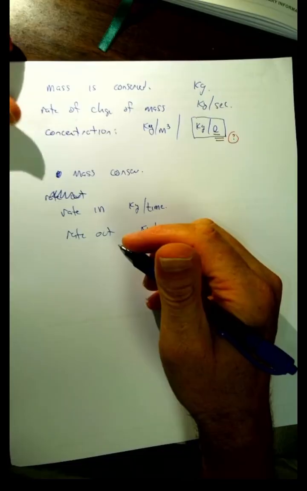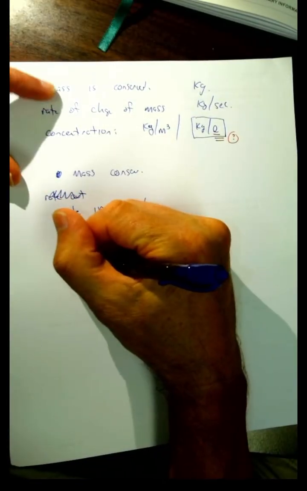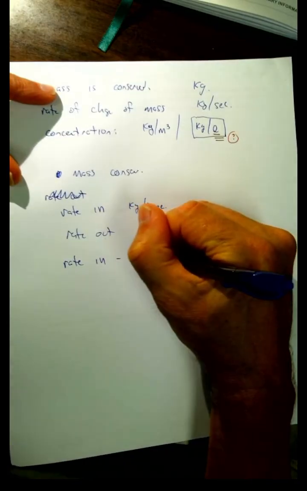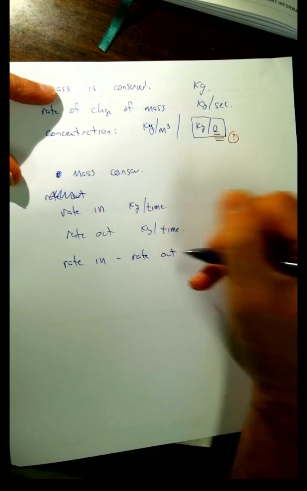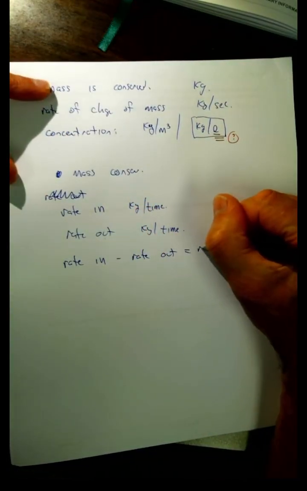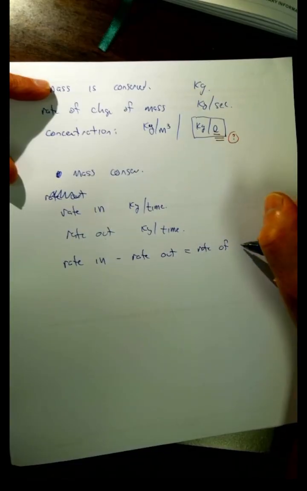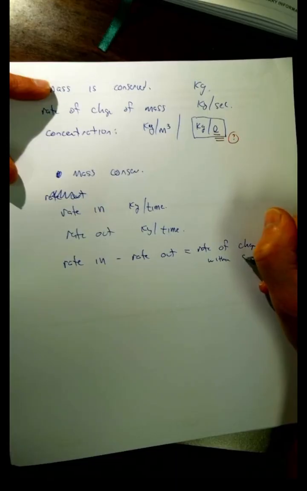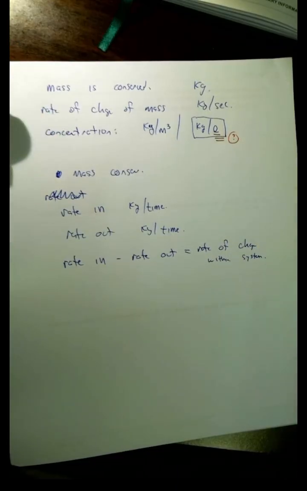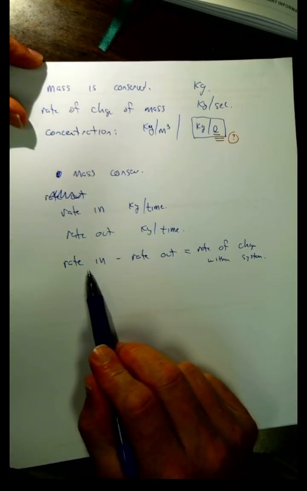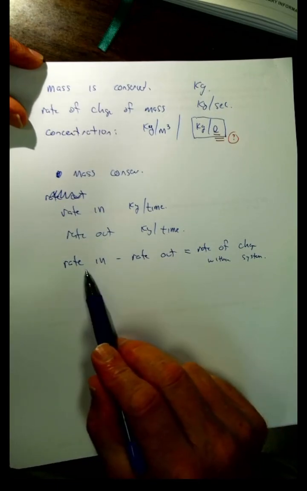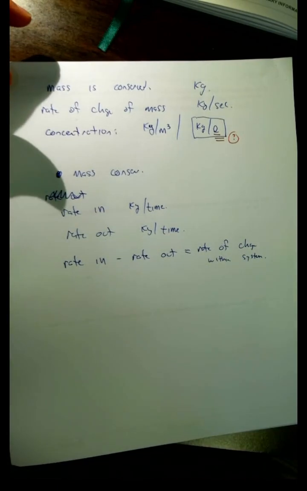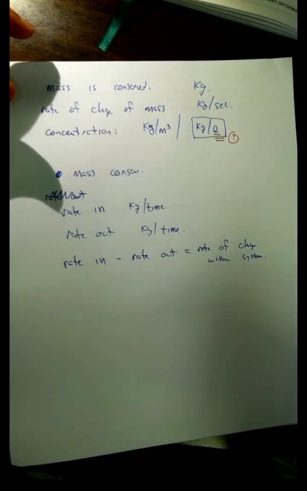So what do we have? We have then the rate into the system minus the rate out is going to be the rate of change within the system. Right? So if stuff is coming in at a faster rate than it's going out, the total rate in the system is going to be positive.